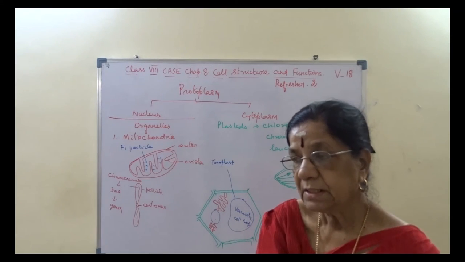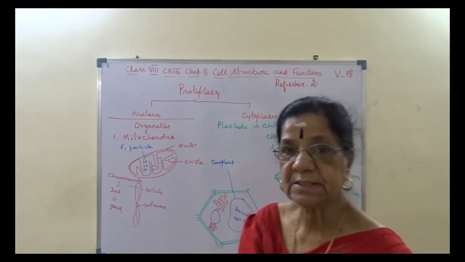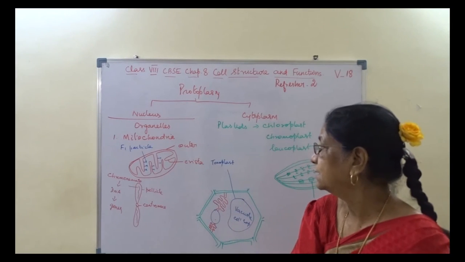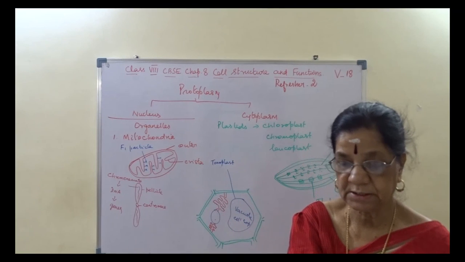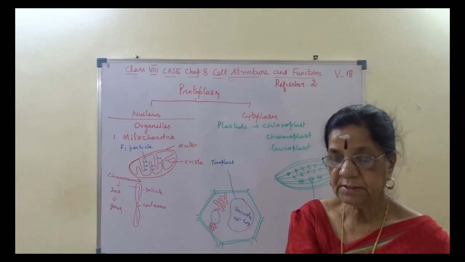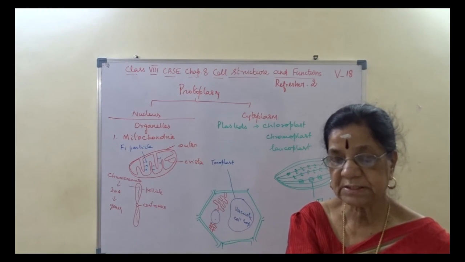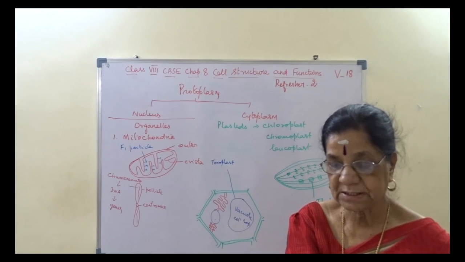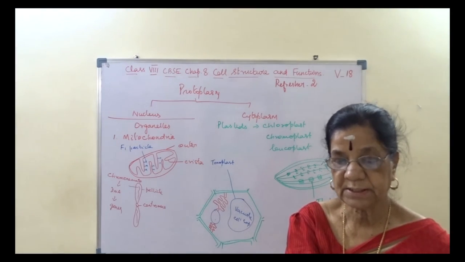I repeat, the membrane bound structures present inside the cytoplasm are called cell organelles. Genetic material or chromosome is also found enclosed in a membrane bound structure called the nucleus.